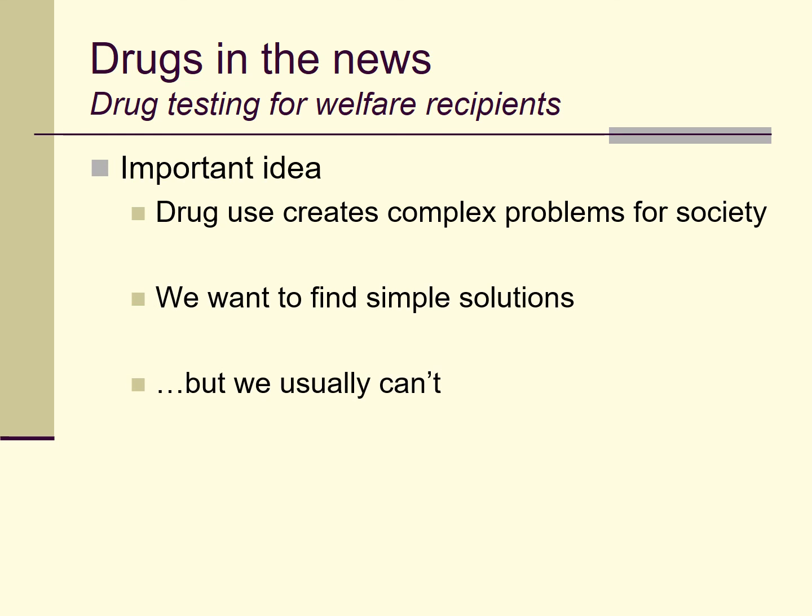We often want to find simple solutions to drug-related problems, whether it's drug use, drug abuse, crime associated with drugs, etc. But we usually can't find simple solutions to complex problems. And again, I think this idea of drug testing welfare recipients or drug testing people who get government benefits for drugs is an example of that. Maybe an attempt, maybe even a well-meaning attempt to find a simple solution to a very complex problem. Unfortunately, an attempt that is doomed, in my judgment, to be a failure.